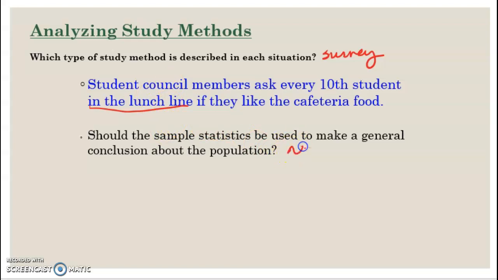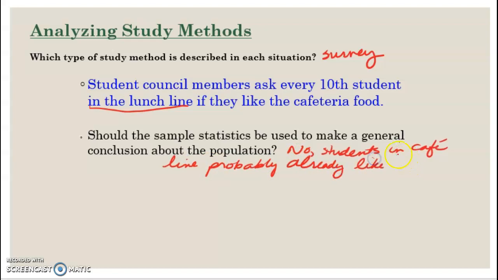I would say no, you can't generalize, because the students in the cafeteria line probably already like the food. You'd do better if you were surveying random classes. Get away from the cafeteria to do your survey situation. Okay.